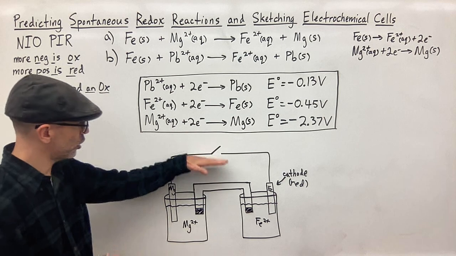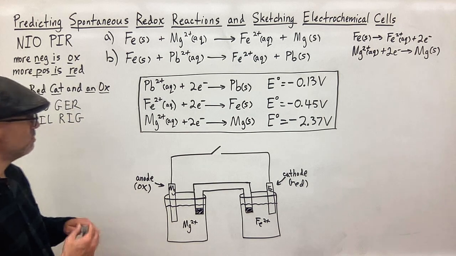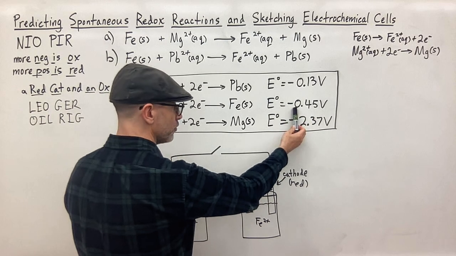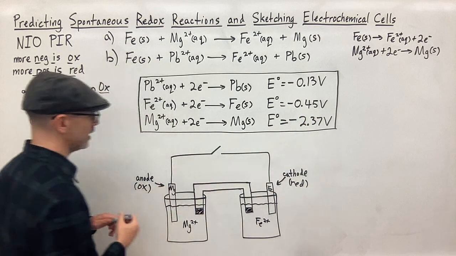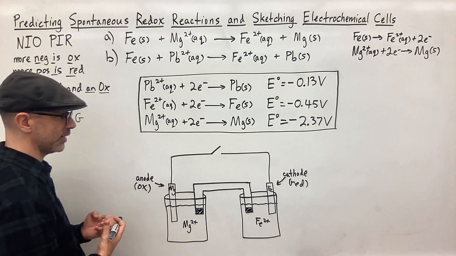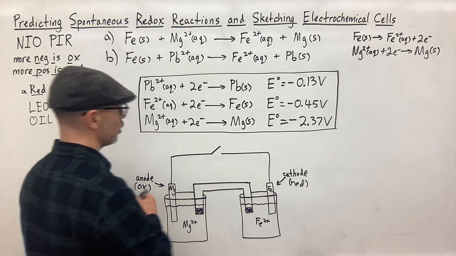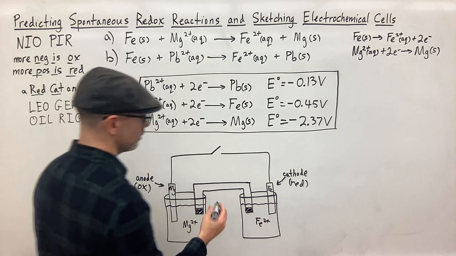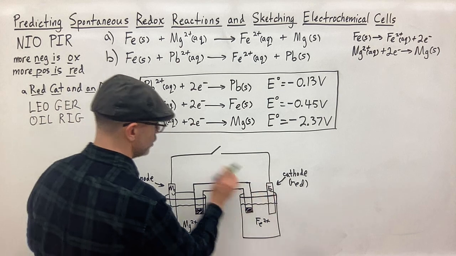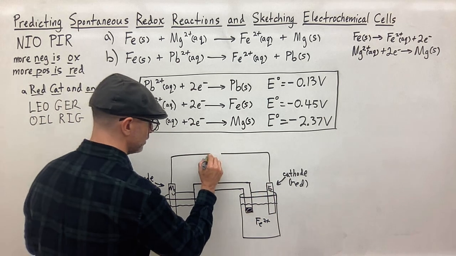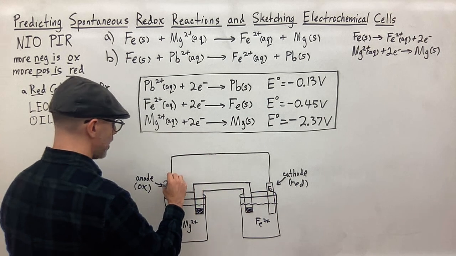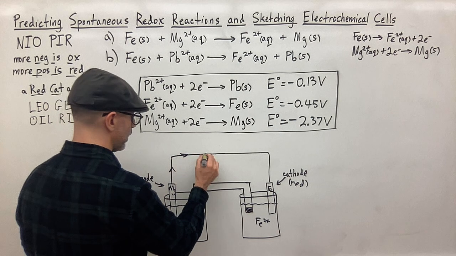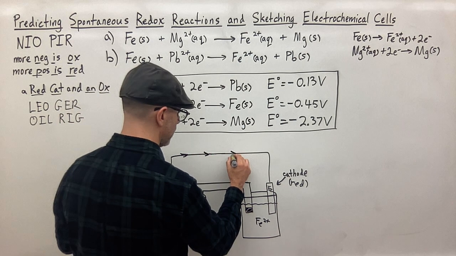So when we close this, since iron is less negative, it's more positive than the magnesium, it's going to attract the electrons, right? So the iron side is going to attract the electrons. So here's the iron side. If we close this, the electrons are then going to spontaneously move in this direction here.